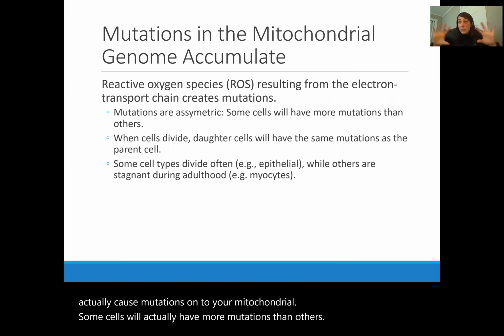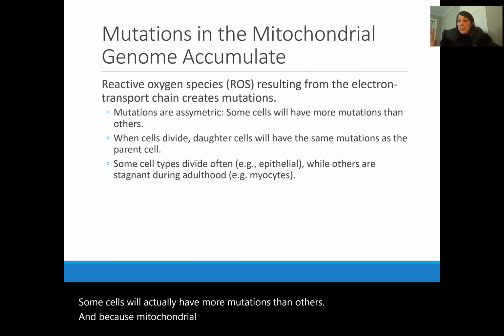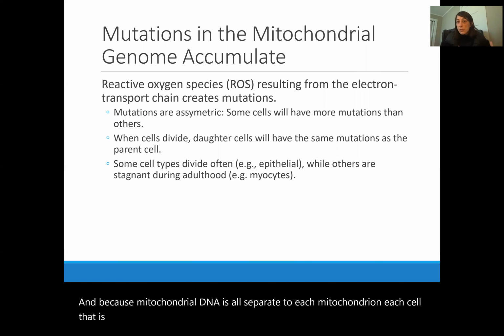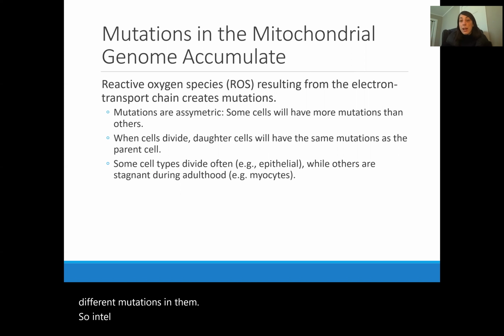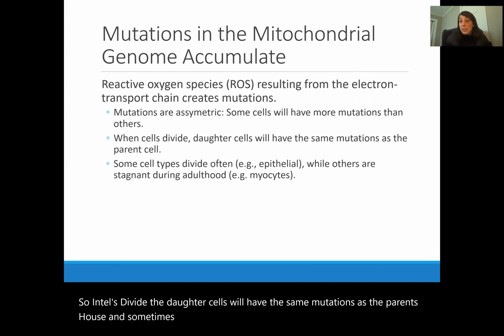And because mitochondrial DNA is all separate to each mitochondria in each cell, that is why certain cells with their own mitochondria might have different mutations in them. So when cells divide, the daughter cells will have the same mutations as the parent cells. And sometimes these can eventually lead to a buildup of problems.